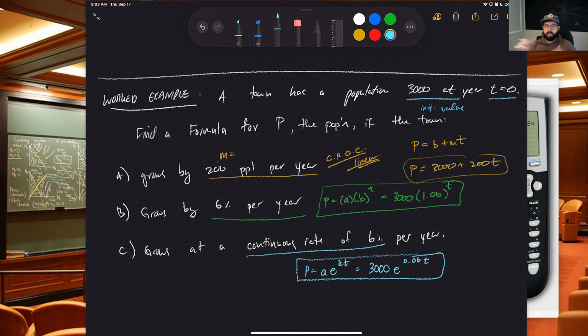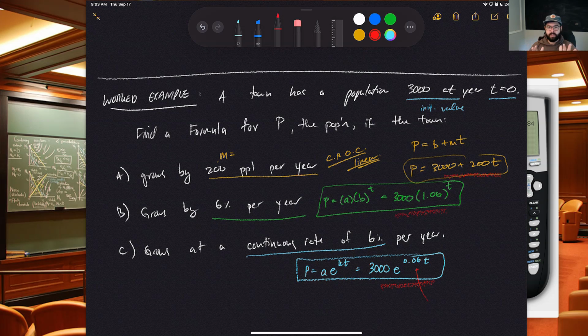And so these all describe different towns with different rates, and you can hopefully see the difference between the formulas here. But I also want us to get used to substituting for that rate. k and r and b all act pretty differently, even though they're so closely related, right? They will change the structure of a formula. They are different types of parameters, and they'll change the graph and all that stuff.